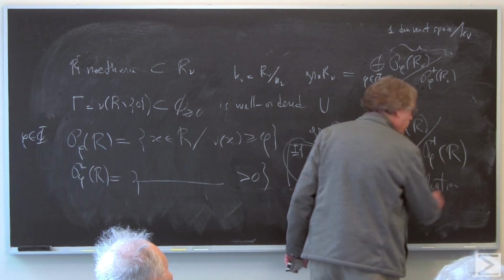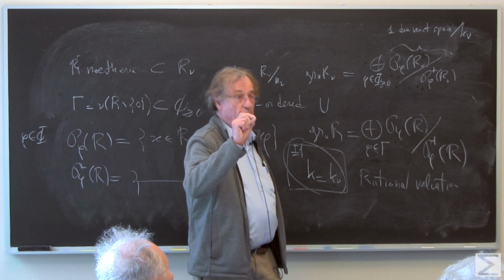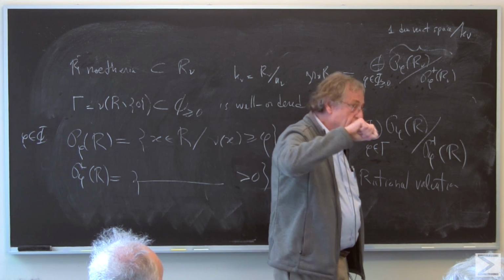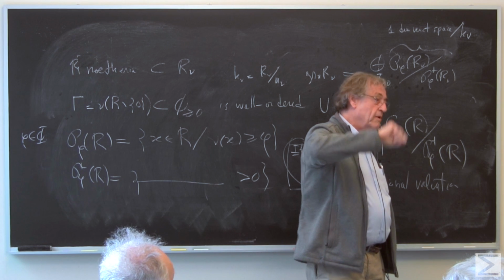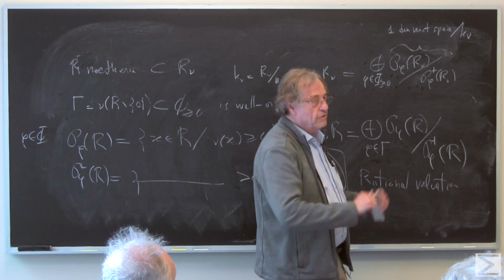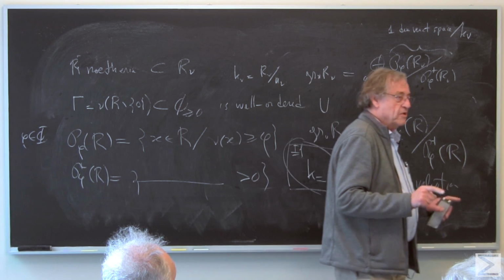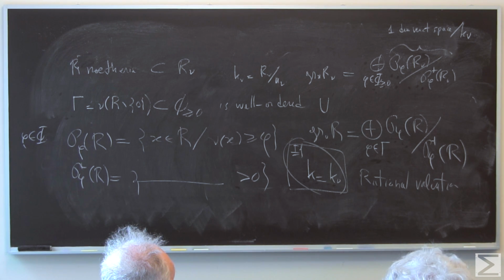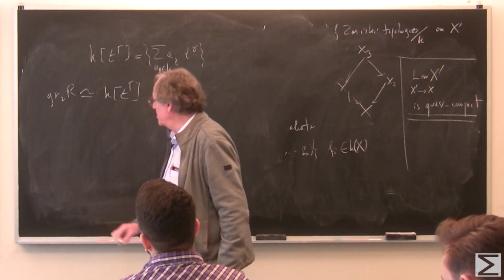But if you can uniformize when the center is a point, that means your ambient variety is non-singular at the point. It will be non-singular along any subvariety. So if you can uniformize those, you can uniformize all. What I just said is not a proof, but it's the reason why it's true. Okay, so these are really the important guys in the story of local uniformization, the rational valuations.